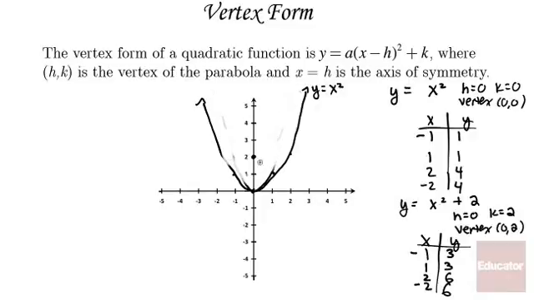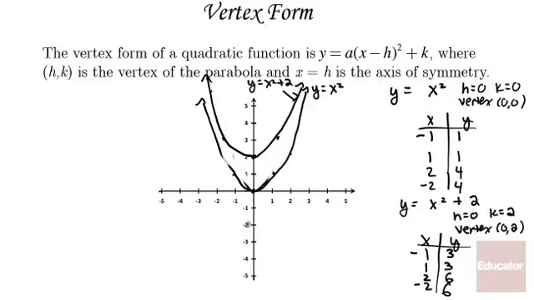The vertex is right here, and when x is 1, y is 3. So what this gives me is a graph that is shifted up by 2. What k does to the graph is it's the same basic graph, but it's shifted up by 2. If k were negative 2, then the graph would be shifted down by 2.